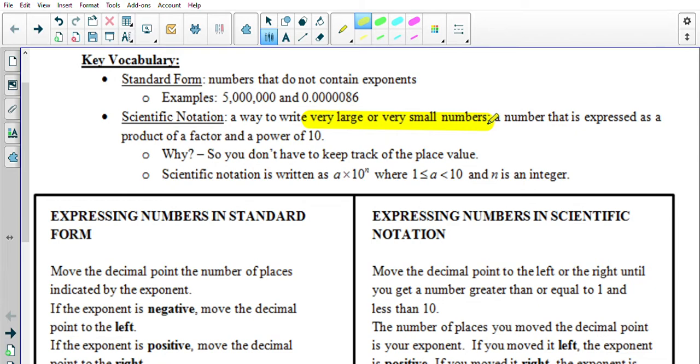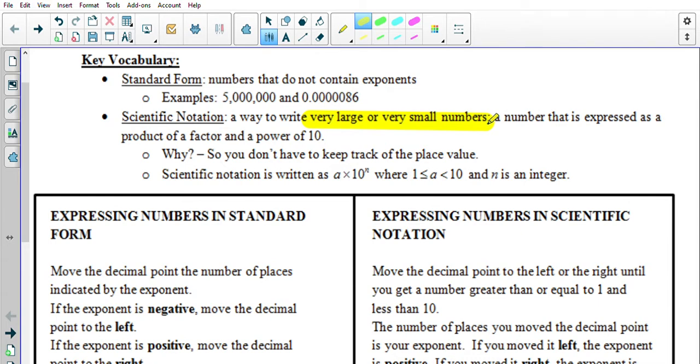It's definitely important when people are working with these really big or really small numbers, like someone working in the financial or banking industry, or someone working in the medical research industry, that the numbers are accurate. So scientific notation is one option. It's probably not the most important lesson we're going to talk about this year, but it is something that you may see in real life at some point.